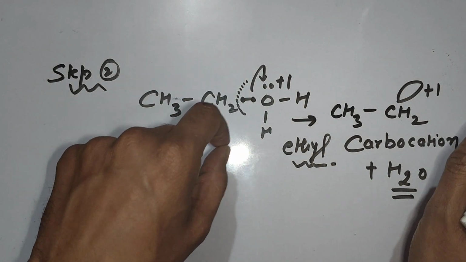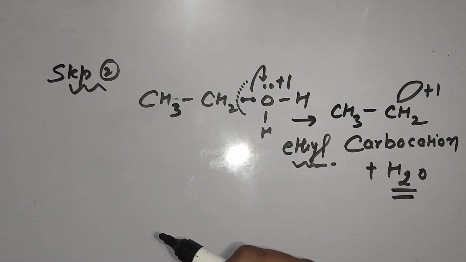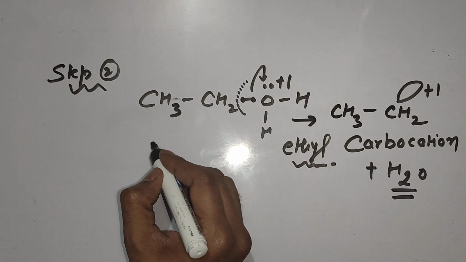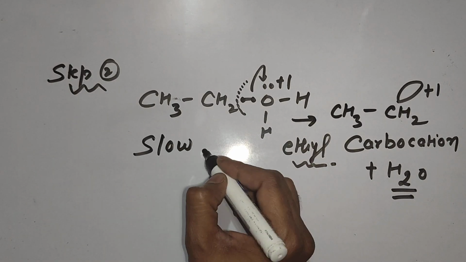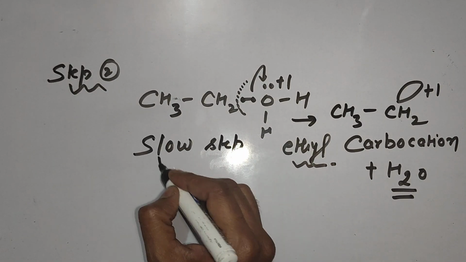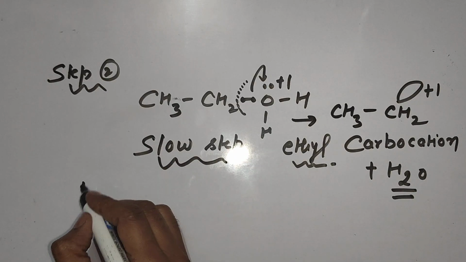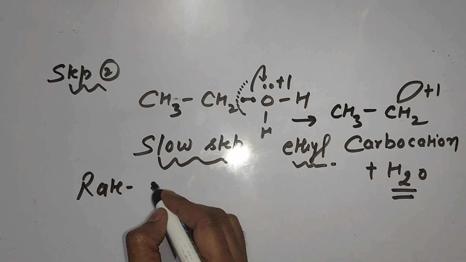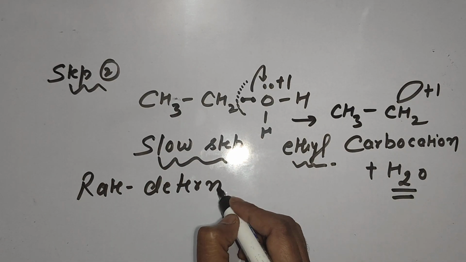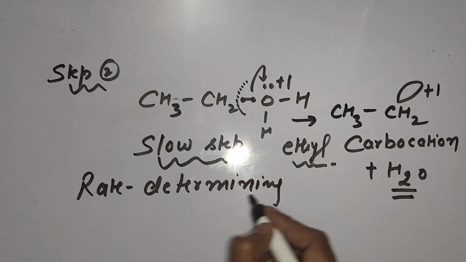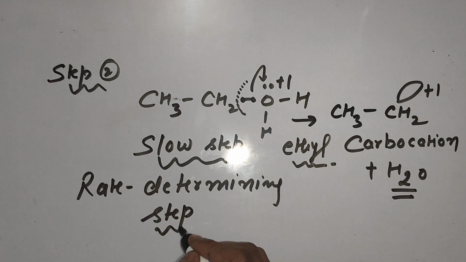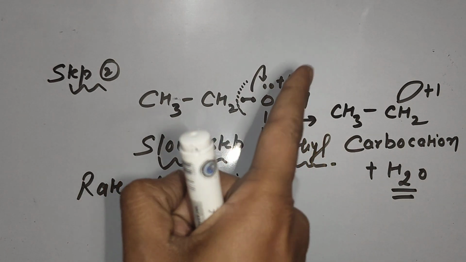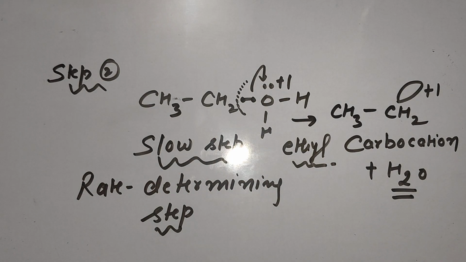So ethyl carbocation is an intermediate over there. This step is a slow step, the second step, and we know slow steps are the rate determining step. Means the speed of the reaction will be decided by this second step.